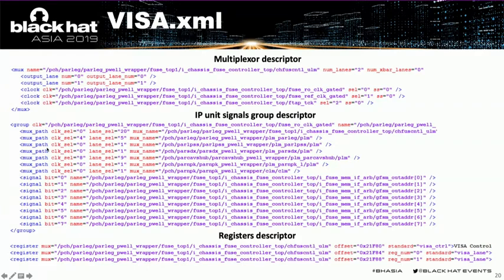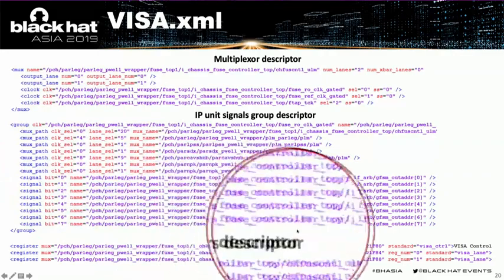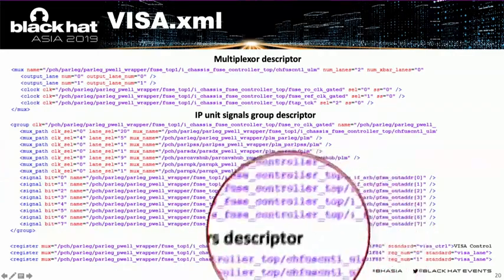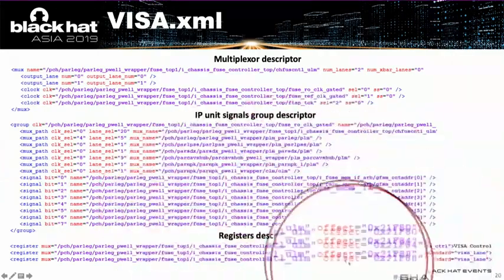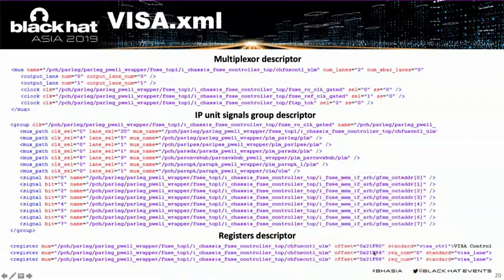Also, it describes register addresses for controller registers of multiplexers. Without this information, it's practically impossible to reconstruct the VISA network to capture some desired signals.